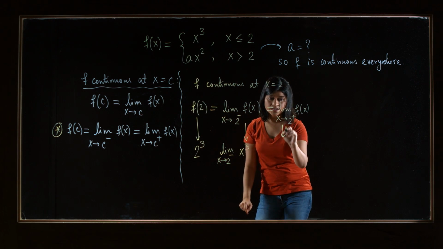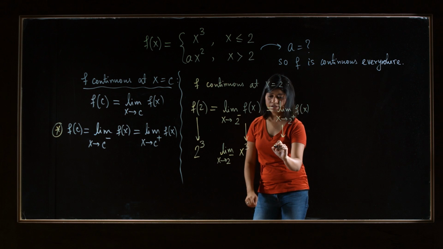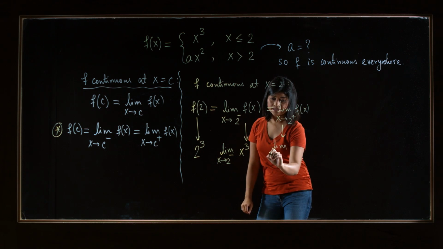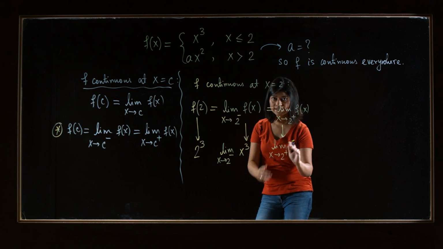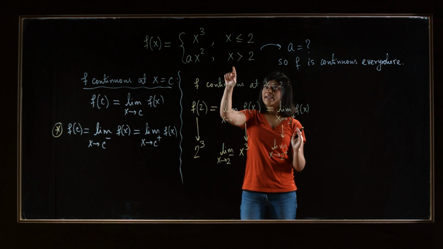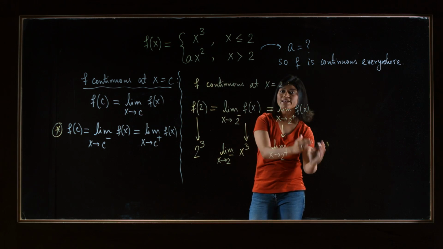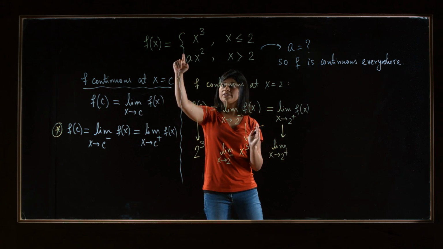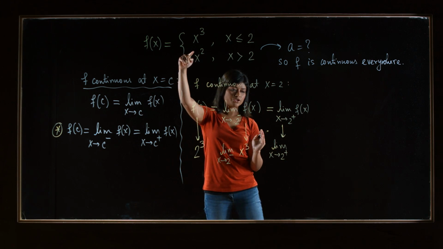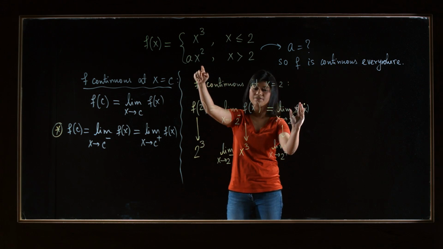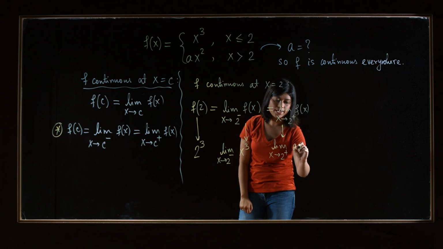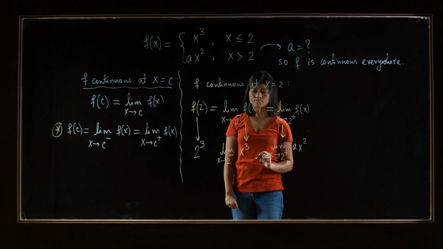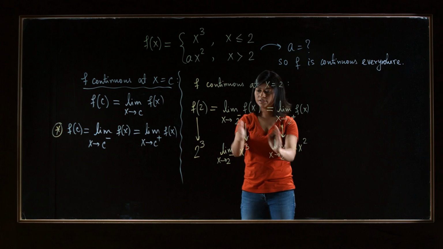What about the last one? Here we are considering the limit as x approaches 2 from the right-hand side, which means x will pick values that are greater than 2. And then we will be considering the bottom expression of the function for this particular limit. So f of x is then ax squared. So those are all three things.